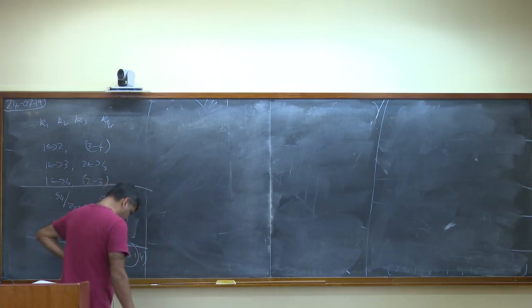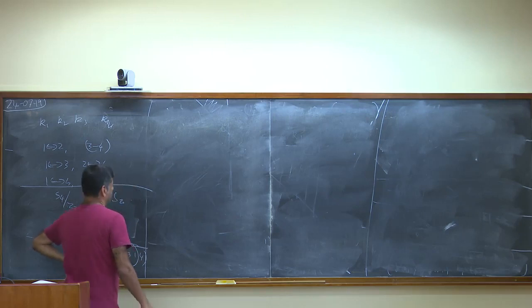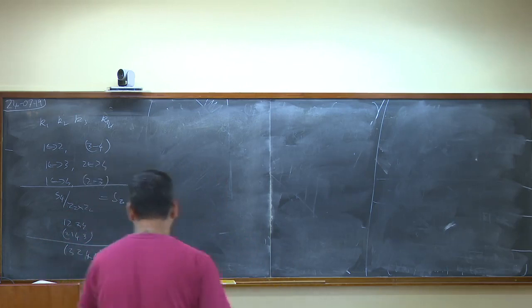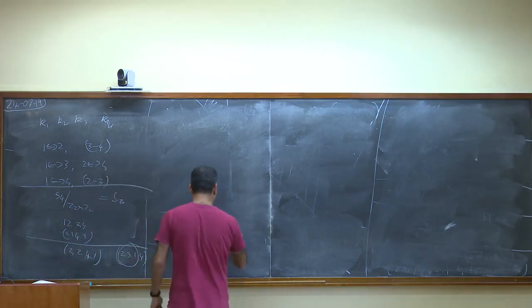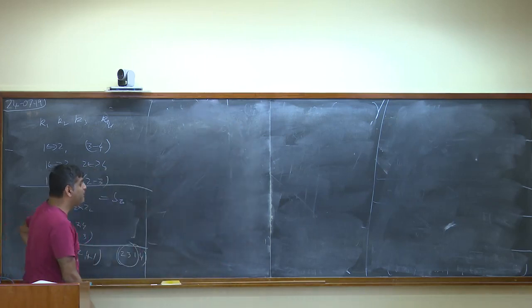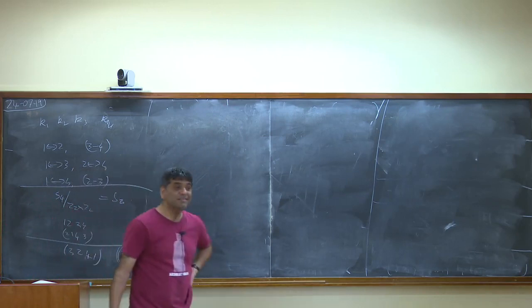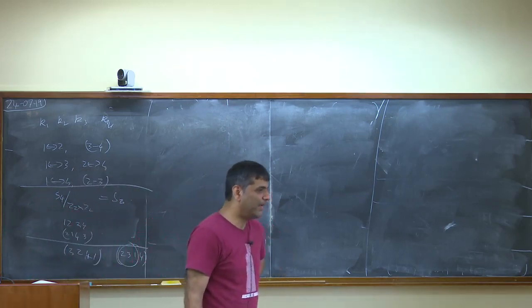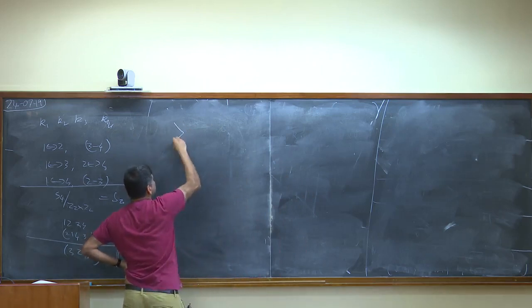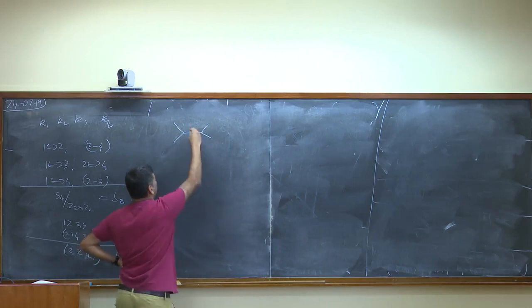Now, there's one last general thing I want to tell you, which is this. Suppose we have a theory in which our scattering amplitudes have a bunch of poles.